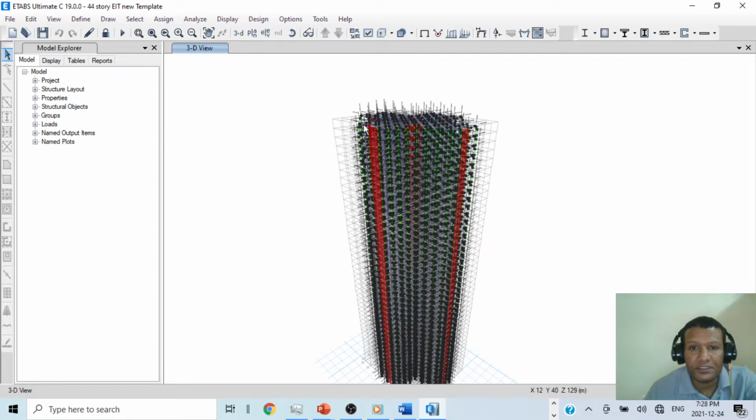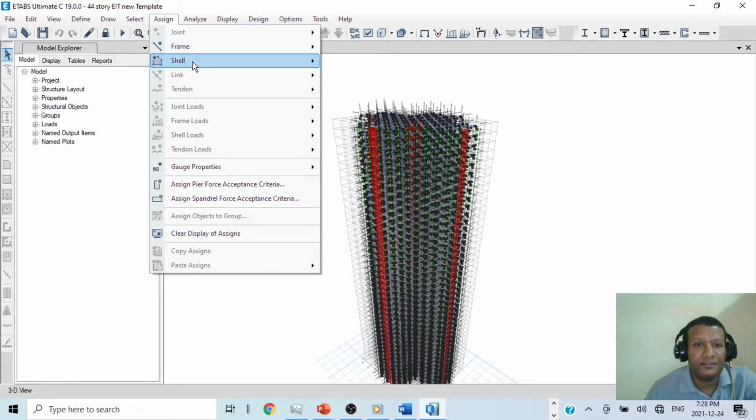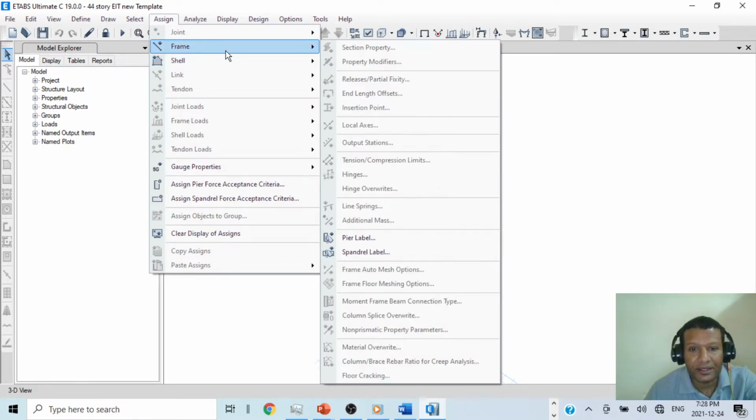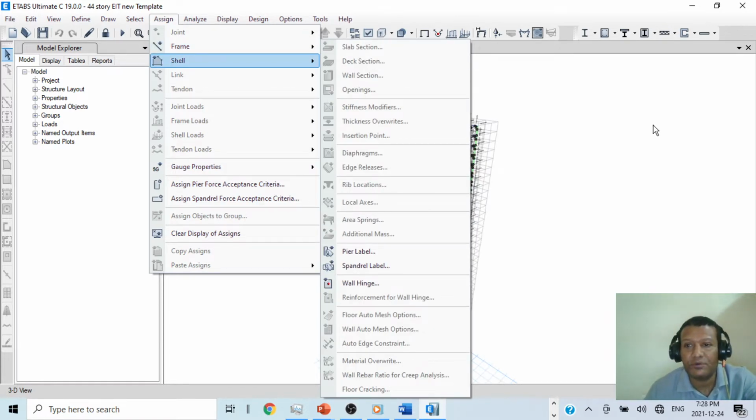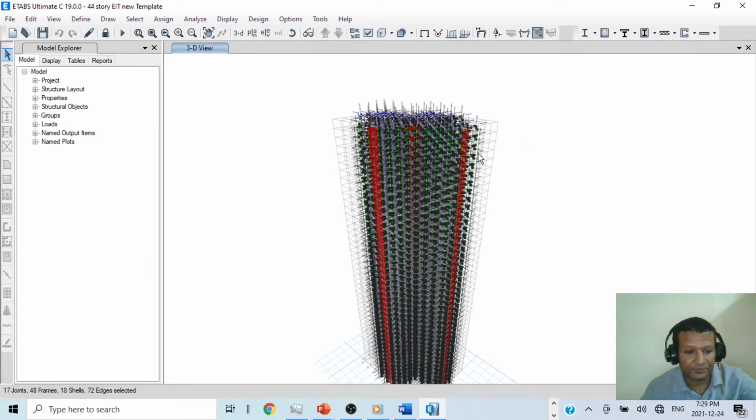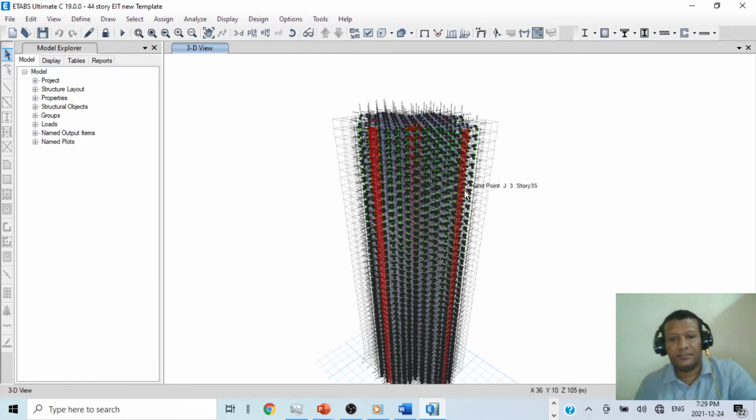We just select our beam, then we go here, Assign, then Frame, then Hinges. Now, because it is round, it is closed, but in this way we can make our structure nonlinear.